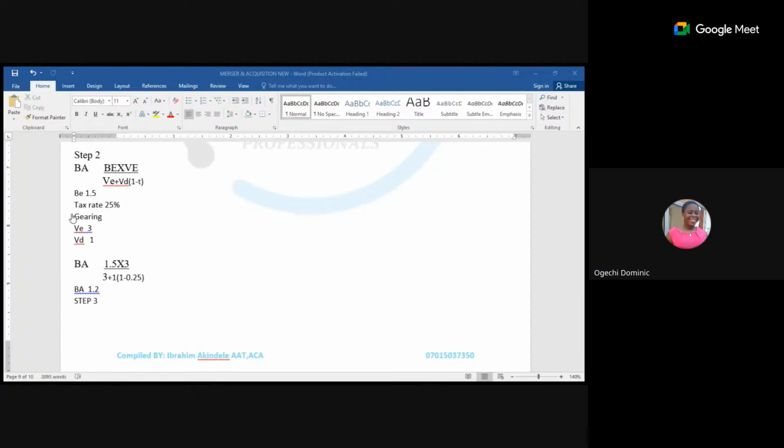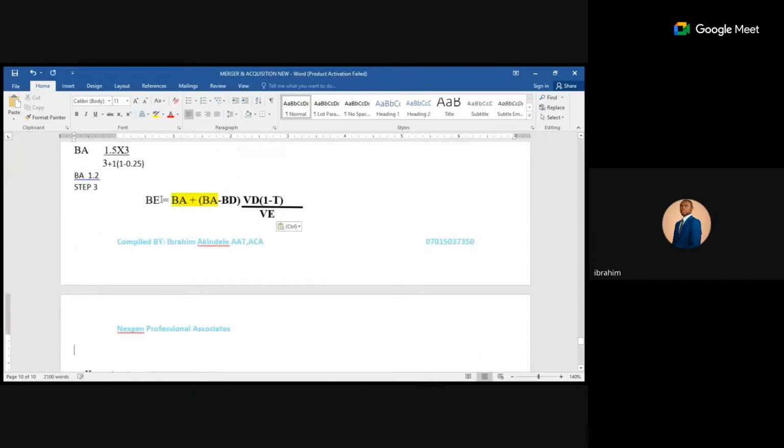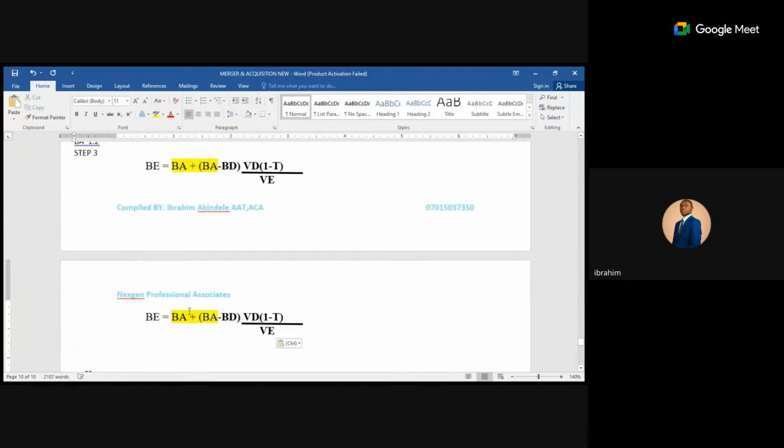No, that's a no copy formula. So we have to regear. So determine the equity beta. Right. So our asset beta is 1.2.